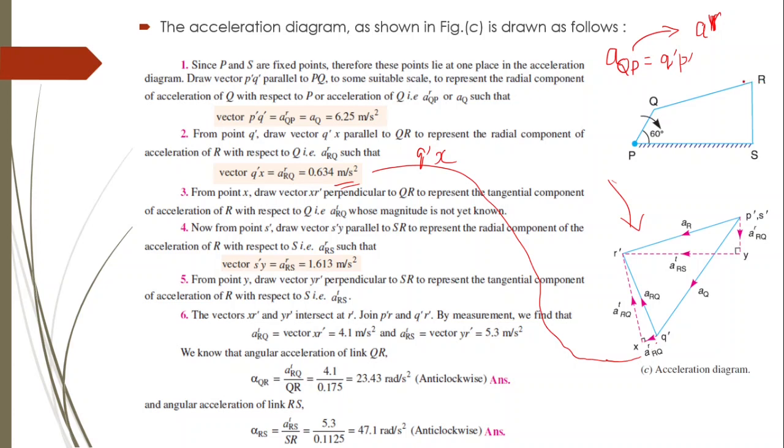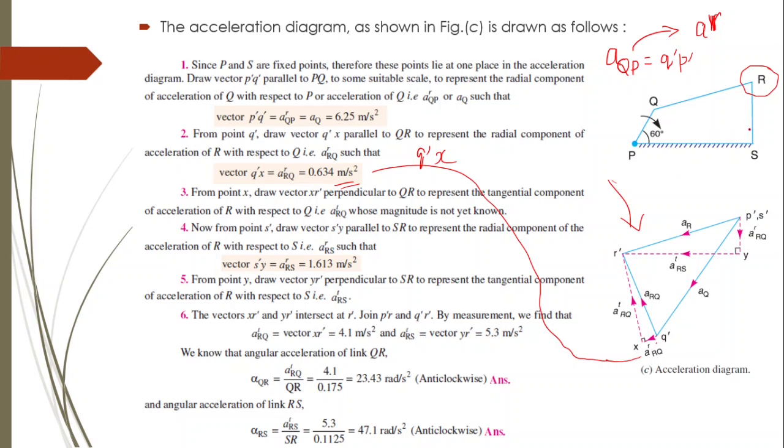So we can draw the line of action of that tangential component, perpendicular to this radial component and passing through point X. We cannot fix this point R dash yet. But when we consider the link RS, again we can draw the radial component and tangential component, and finally the meeting point will become R dash.